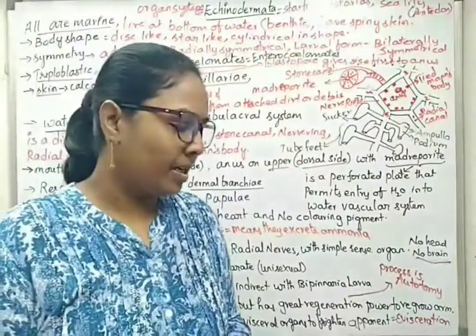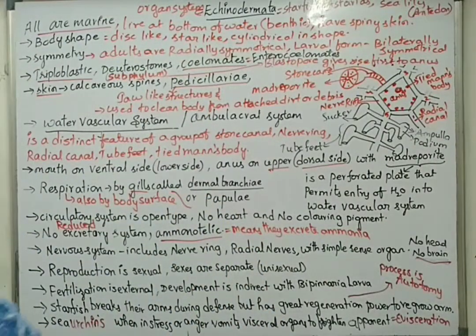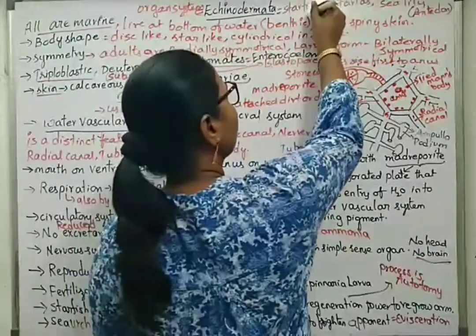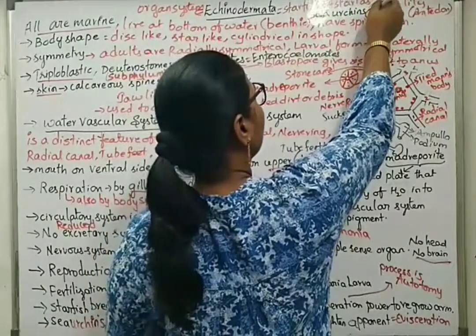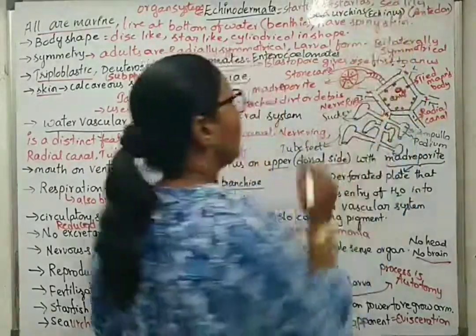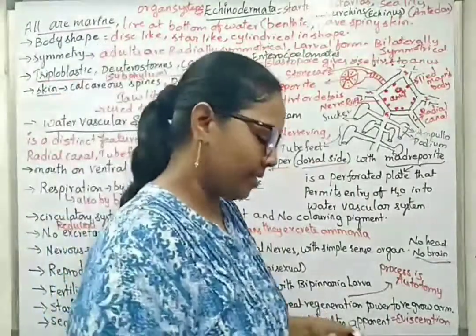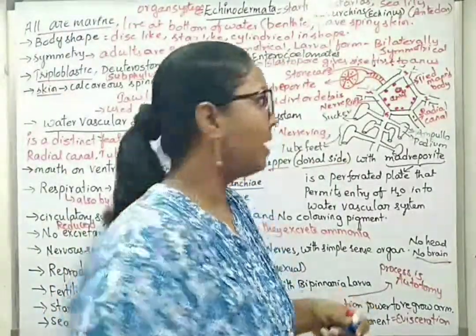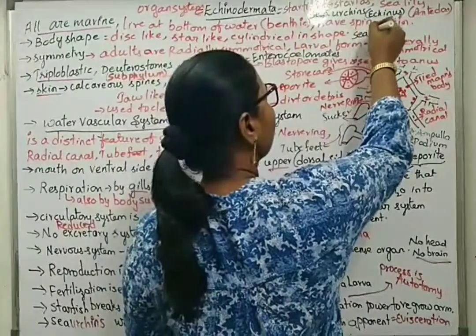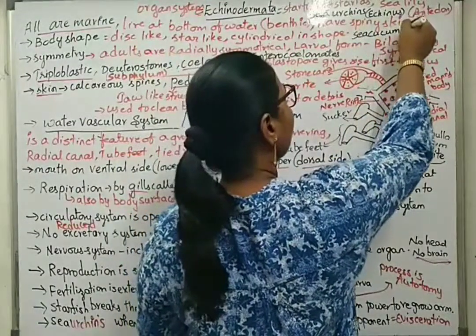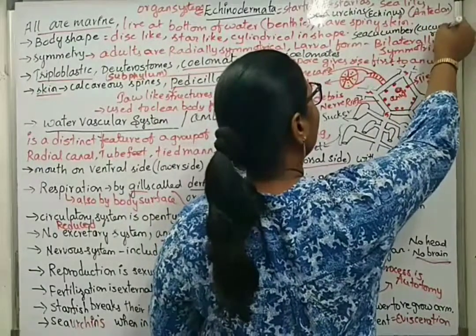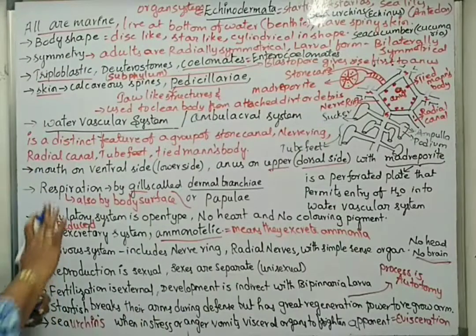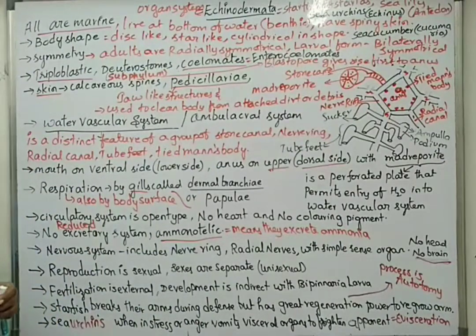Sea urchins are also termed Echinus. Next, sea cucumbers are also termed Cucumaria. So all these are the characteristic features of Echinodermata.